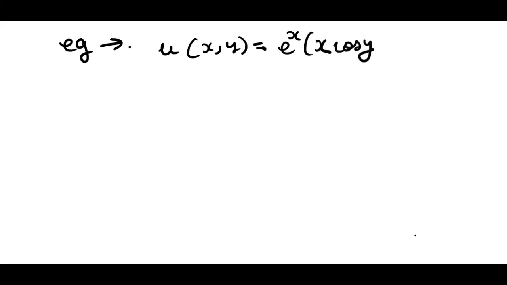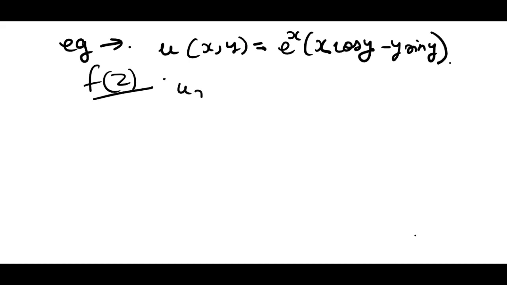Let's take another example. Here the real part of the analytic function u(x,y) is given, which is e^x into (x cos y minus y sin y). And now you have to find f(z).